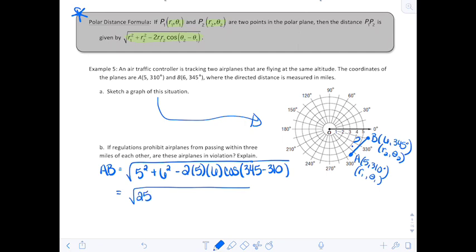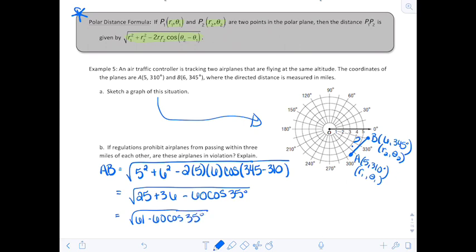So I'm going to do 25 plus 36 minus 60 times the cosine of 35 degrees. Make sure that your calculator's in degree mode. You can now make this, if you want, 61 minus 60 times the cosine of 35.